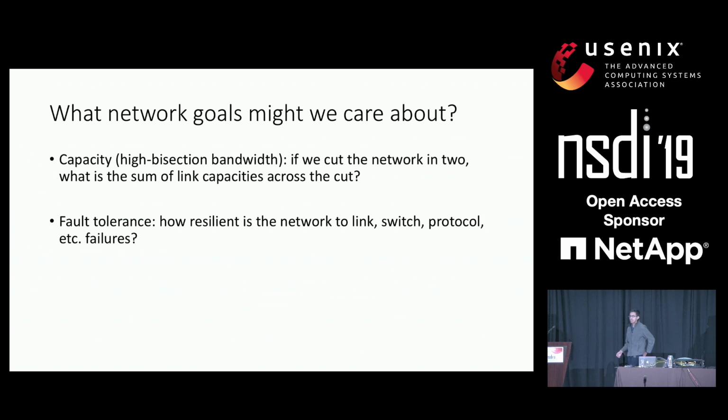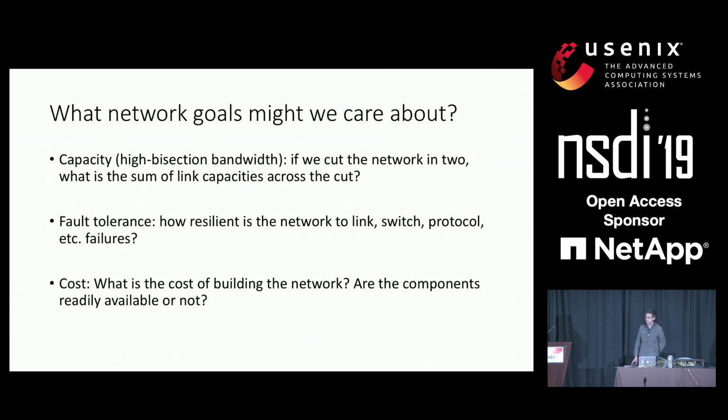You might want it to be fault tolerant. You definitely want it to be fault tolerant for many definitions of faults. You want it to be cost effective. You might want the components to be readily available. So there's a bunch of different goals that you might care about, and these are all things that people have thought about when designing data center networks.